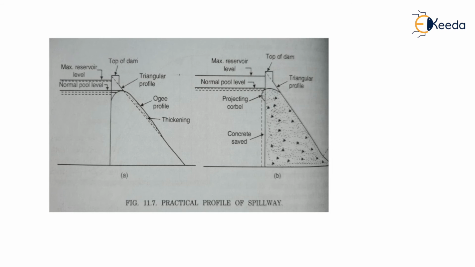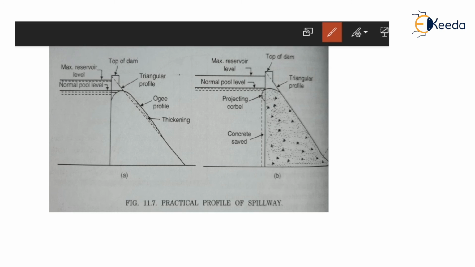Practical profile is that by designing all the sections, or considering all the points here, generally we need to give certain modifications to the profile. See, you can see in this diagram, when the Ogee profile is plotted over a triangular profile of a non-overflow section of a gravity dam.